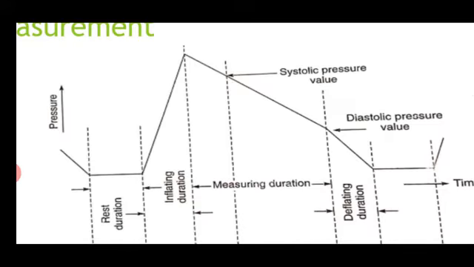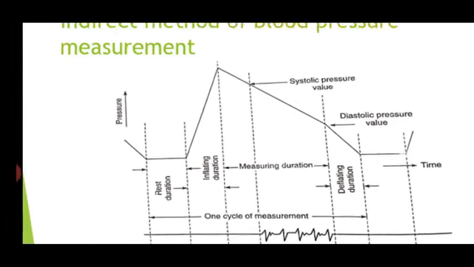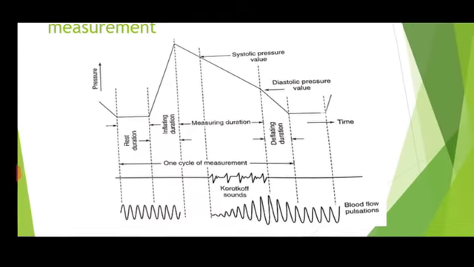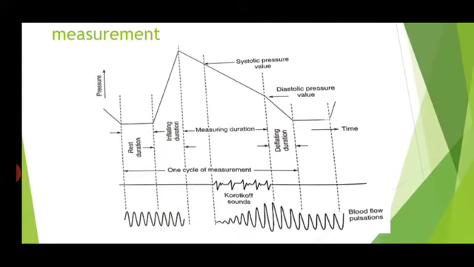Whenever the cuff pressure is above the systolic pressure, blood flow through the artery is stopped. Here we have the normal blood flow.